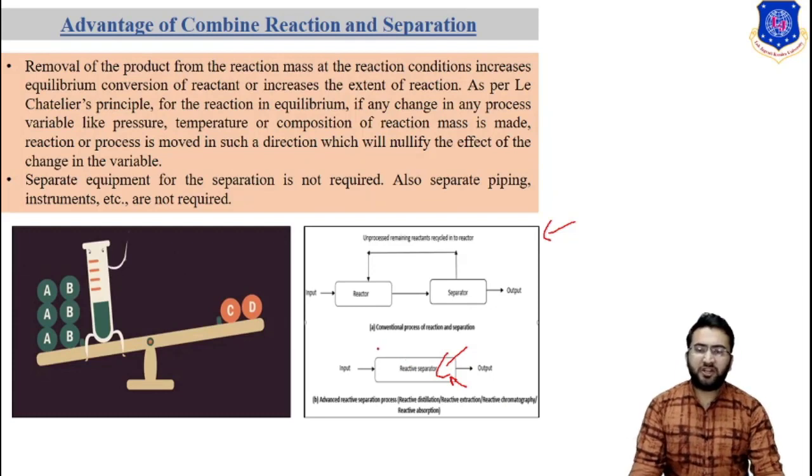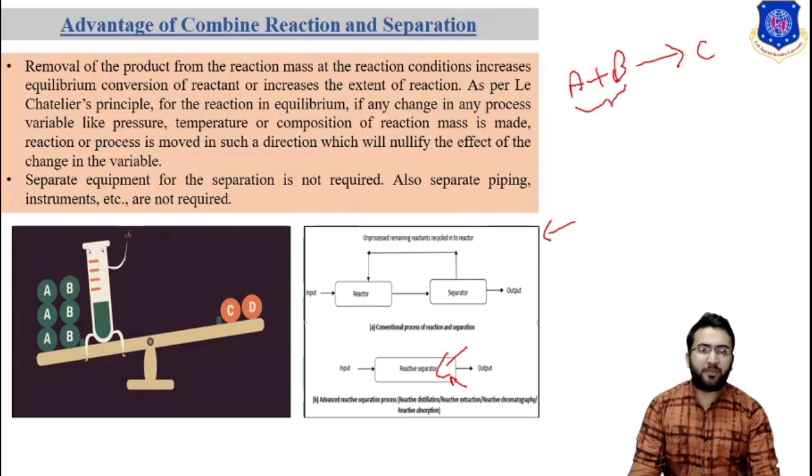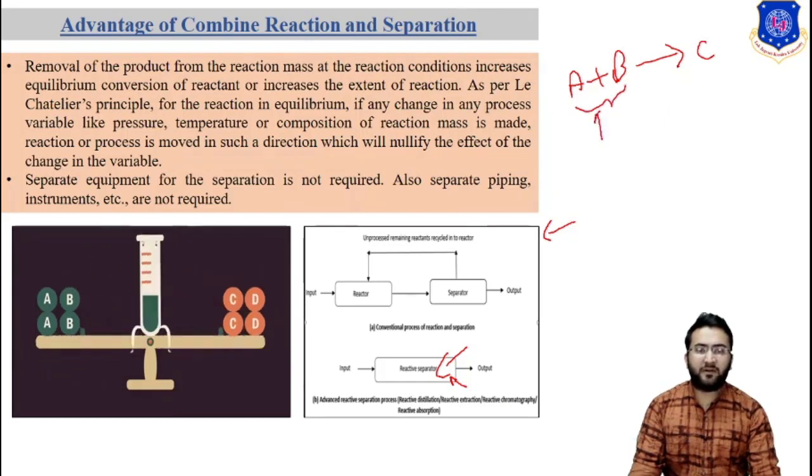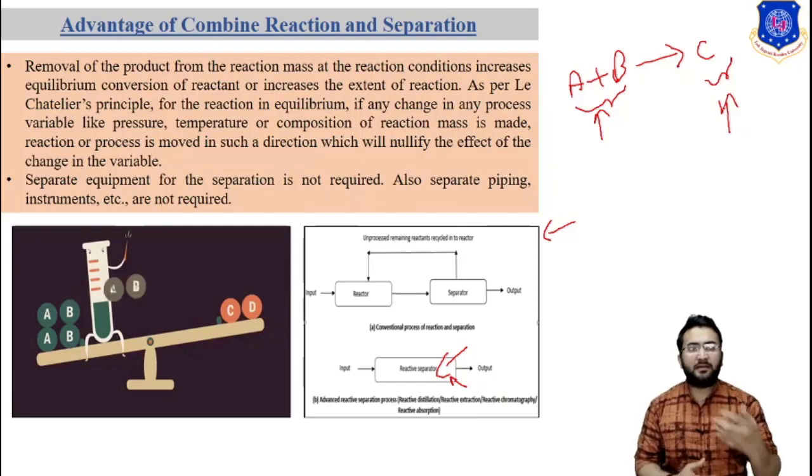As per Le Chatelier's principle, suppose there is a reaction A plus B gives C. If we change the temperature, the pressure, or the mass of A and B, or if we change the mass of C, ultimately we are changing the reaction condition.